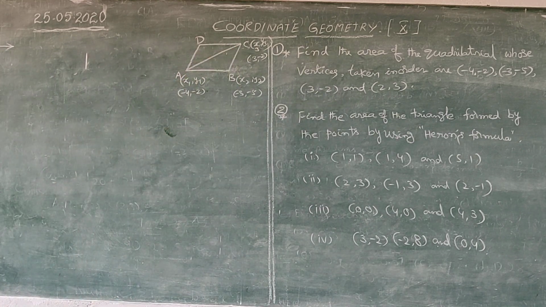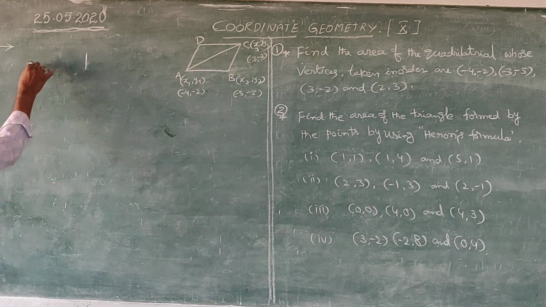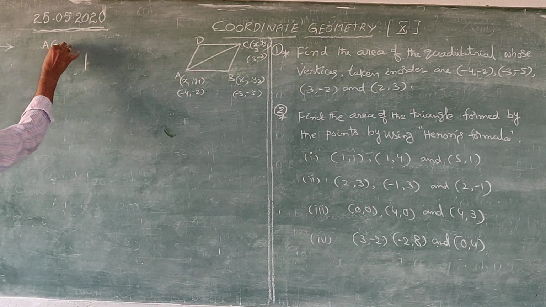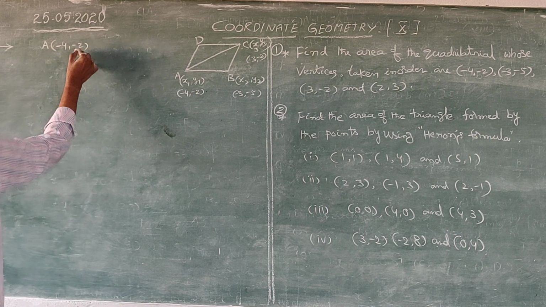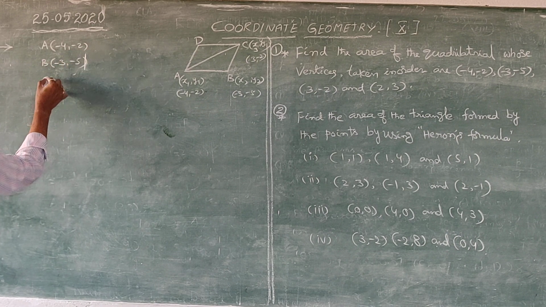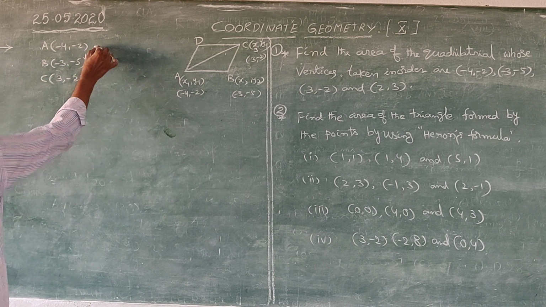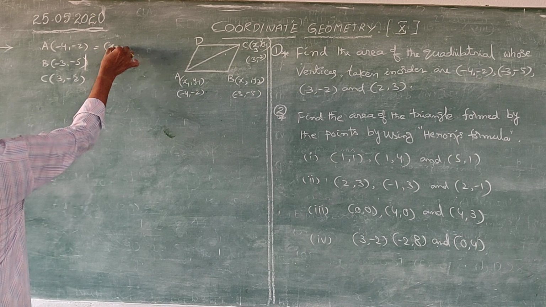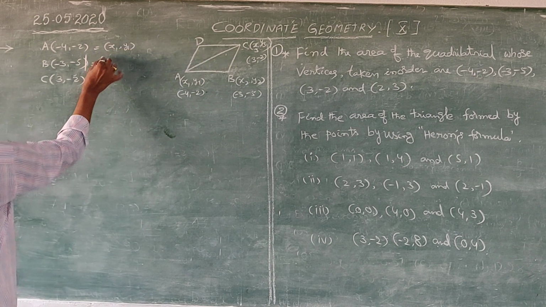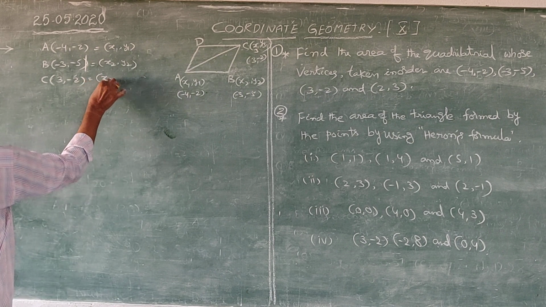The first one, the area of triangle ABC. Let A (-4, -2), B (-3, -5), and C (3, -2), that is A equal to (x1, y1), B equal to (x2, y2), and C equal to (x3, y3).